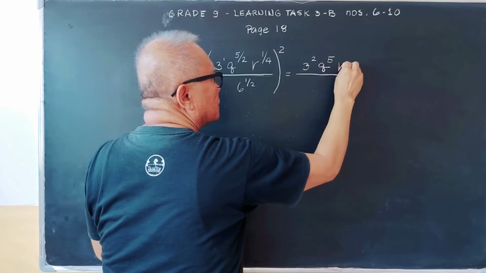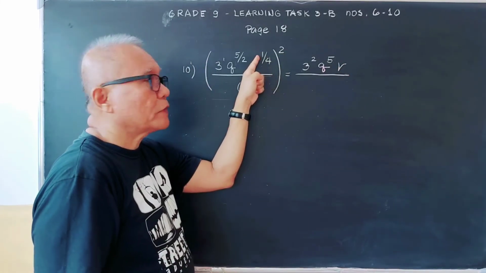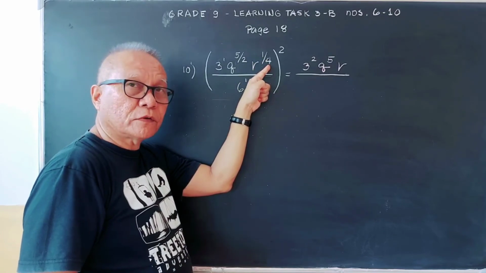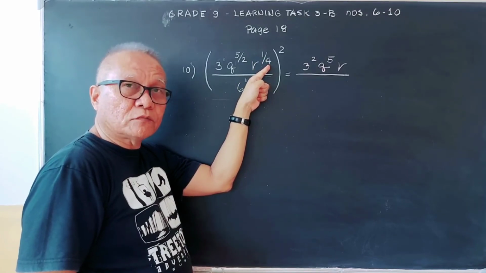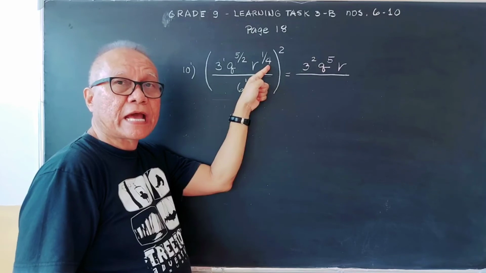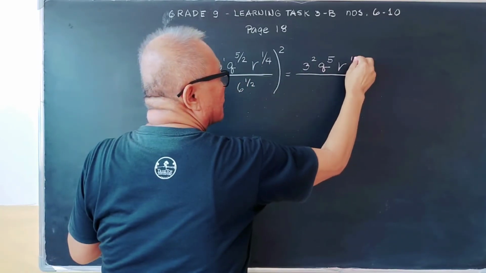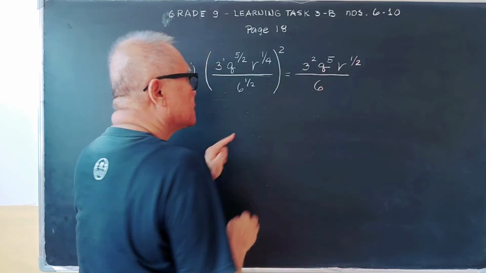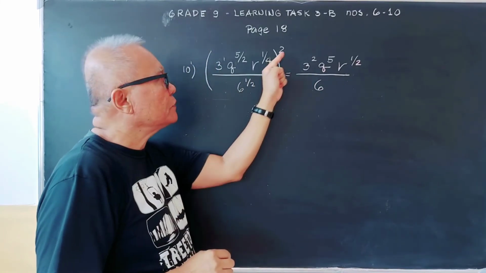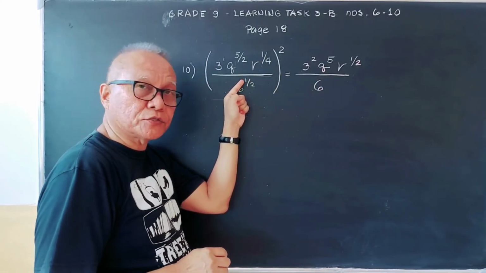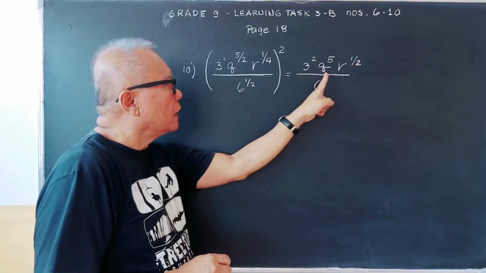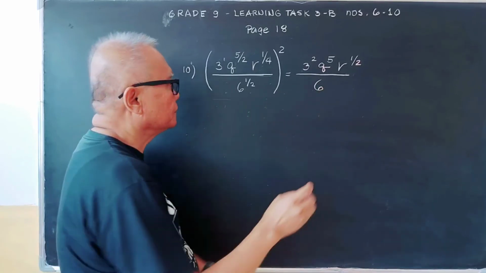R. 2 times 1 is 2. Divided by 4 is 2 over 4. Lowest term of 2 over 4 is 1/2. So, ito ay raised to the 1/2. Alright, 6. 1/2 times 2 or 2 times 1 is 2. Divided by 2 is 1. Ayun, indivisible 1.